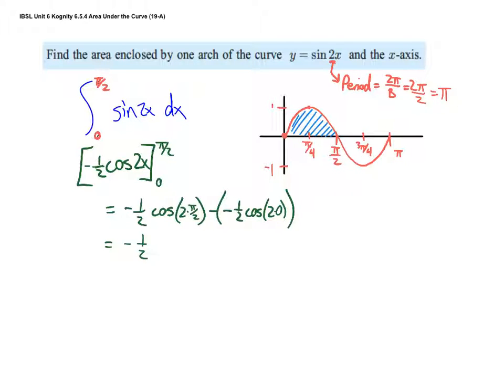What's cosine of pi? Negative 1. Good. Minus a negative 1/2. What's cosine of 0? Just 1. Okay, so this is going to be a positive 1/2 plus 1/2. So our area equals 1.